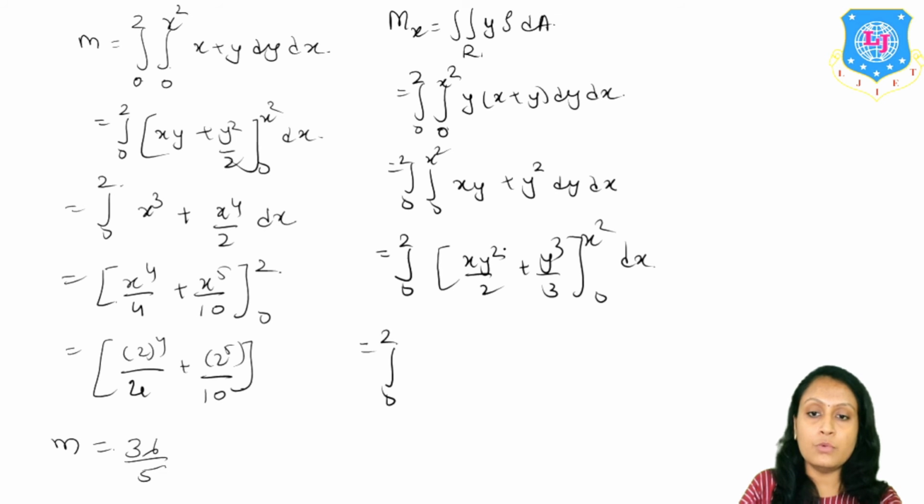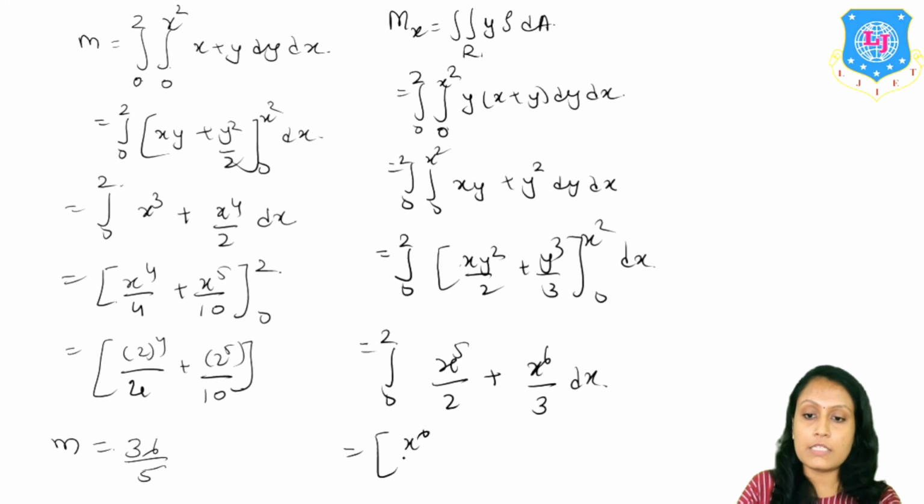If you substitute x squared over here, this will become x raised to 4 into x, that is x raised to 5 upon 2, and over here it will become x raised to 6 upon 3. Now we have to integrate this with respect to x. You will get x raised to 6 upon 12 and x raised to 7 upon 21, and the limits are 0 to 2.